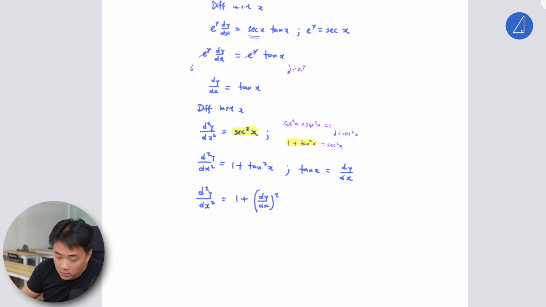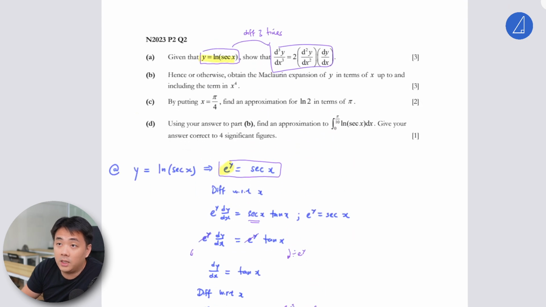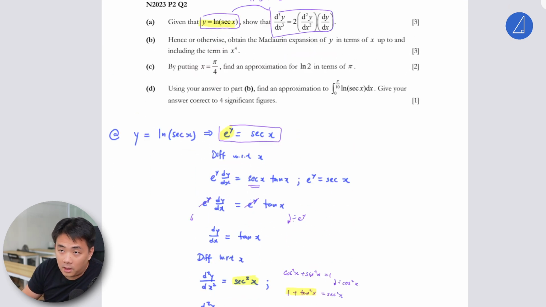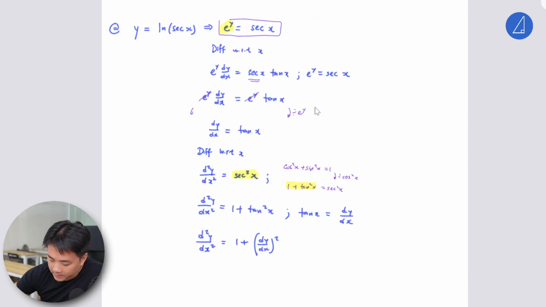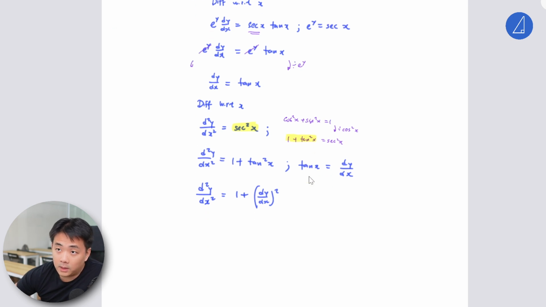Then after which, this seems more promising. We could actually just replace this in. This is not the only way to do it. I'm sure if you were to replace secant square x as e^2y, it works as well. It's not an issue.